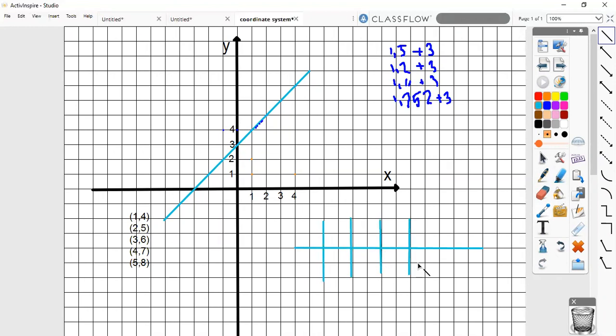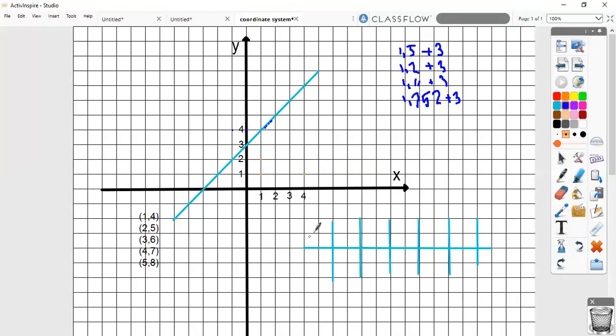It's better to make a table while we are drawing the graph. Here, let's say we have X, and we can say Y, or X plus 3 for this area. It's the same thing.